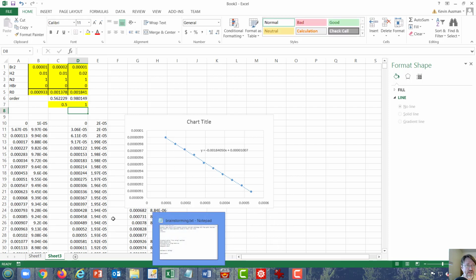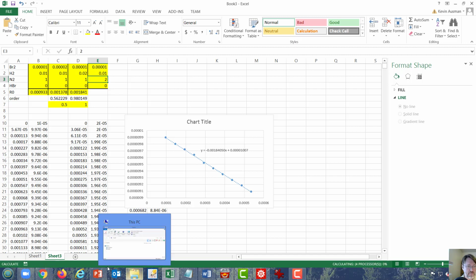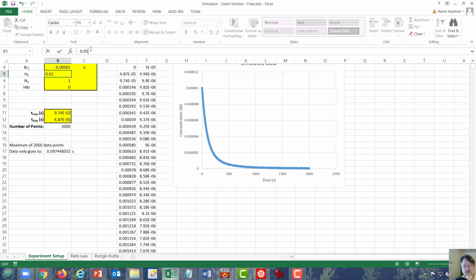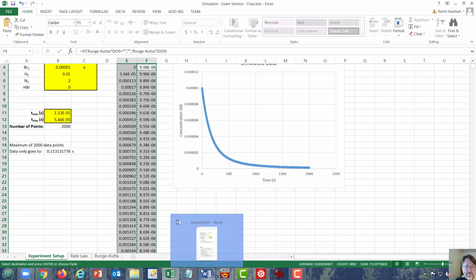We now are going to try N2. So our initial concentrations here are going to be that. Come back over here, change that to a 1, and change that next one to a 2. Wait for Excel to catch up. X comma Y, copy.